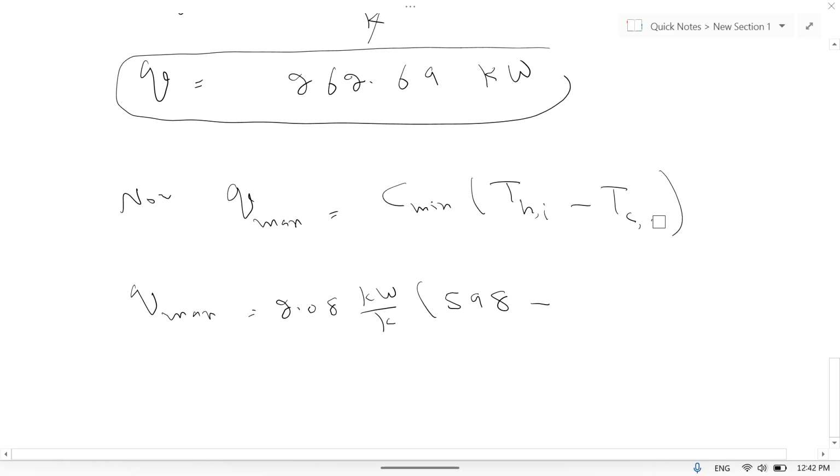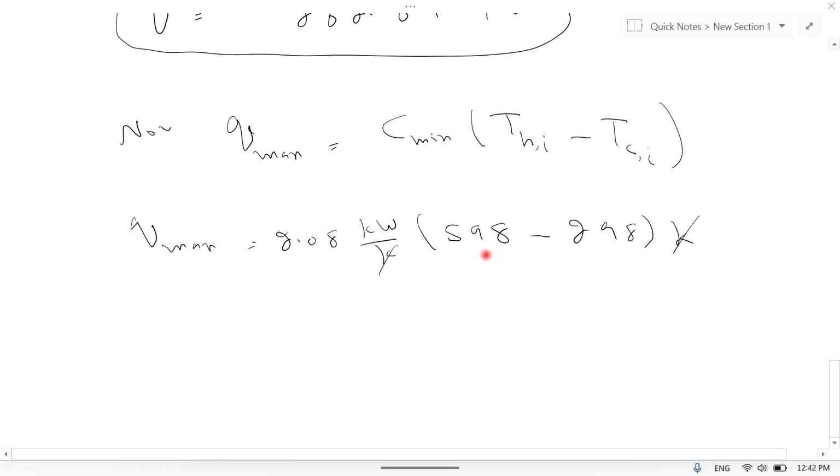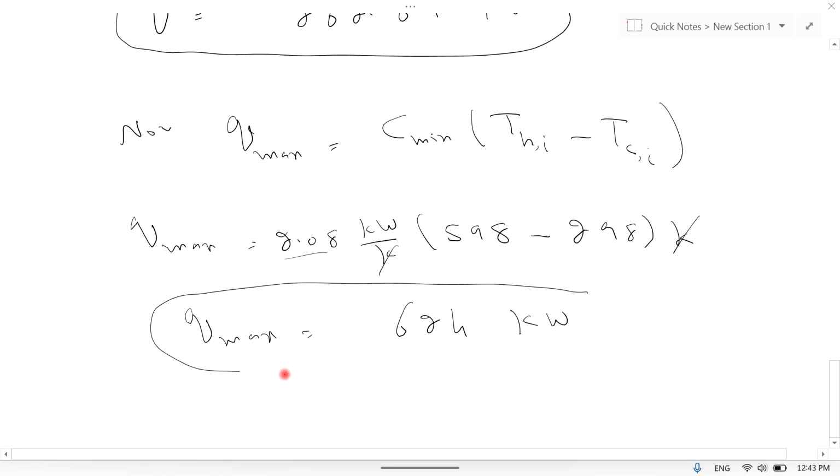Inlet temperature is the minimum temperature. Inlet water temperature is basically 298 Kelvin. So Kelvin will be cancelled with Kelvin. 598 minus 298 is 300, multiplied by 2.08. So the value of maximum heat transfer will be equal to 624 kilowatt.